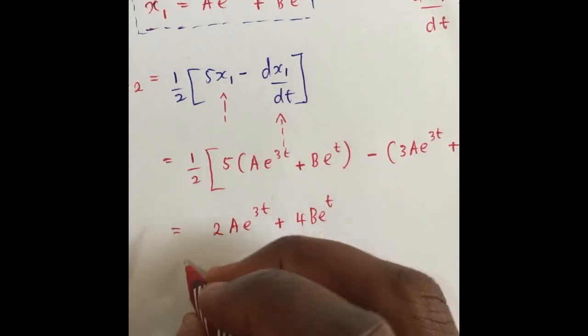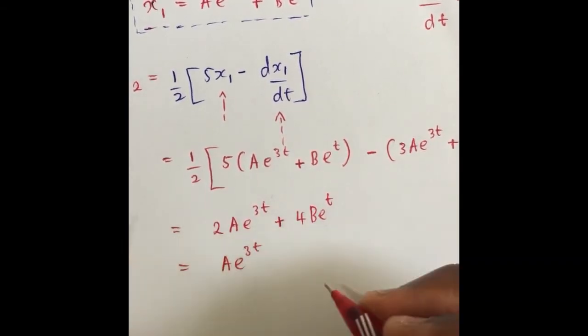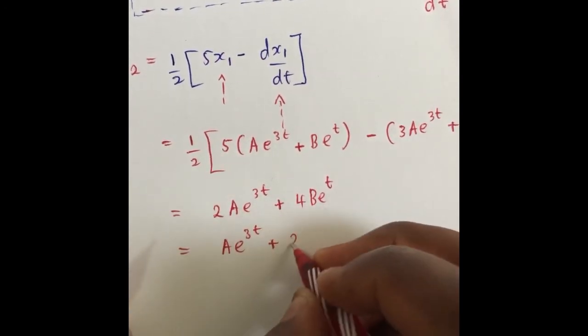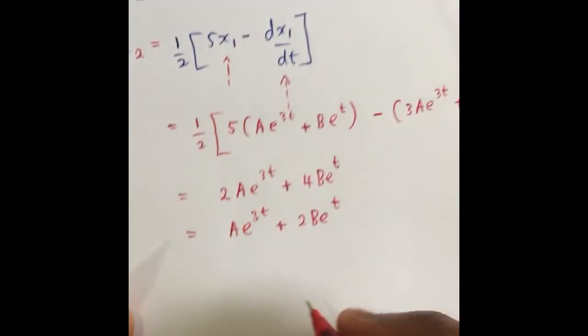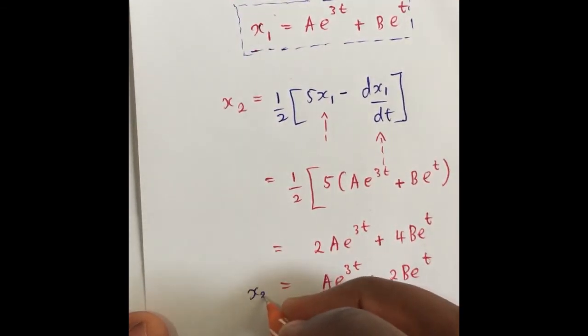Remember we have this half, which affects these, so it becomes 2b. That's our x2.